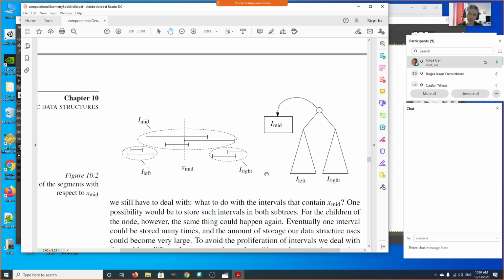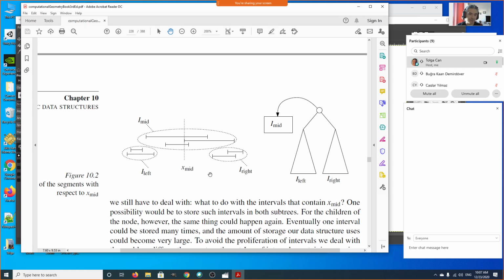It will be asymptotically log n probably, maybe a constant factor smaller than log n, but just know that it's going to be a little bit shorter than a regular balanced binary search tree, because some of the intervals are just stored in the intermediate node, and they do not appear in the left and right subtrees.